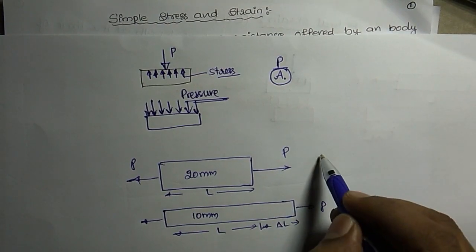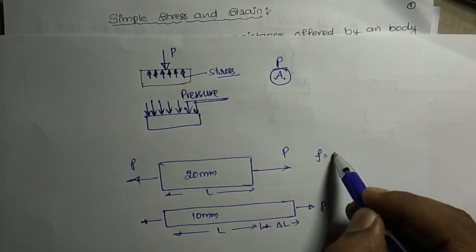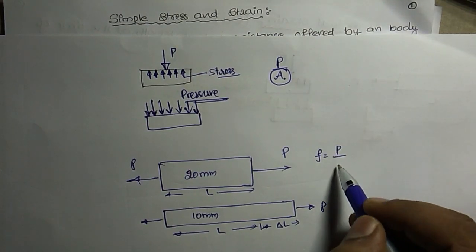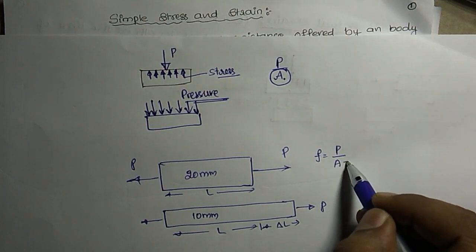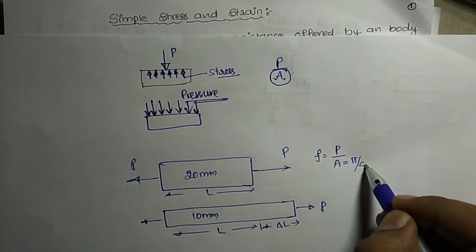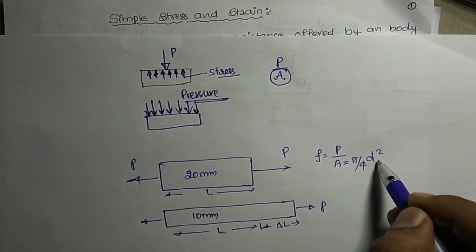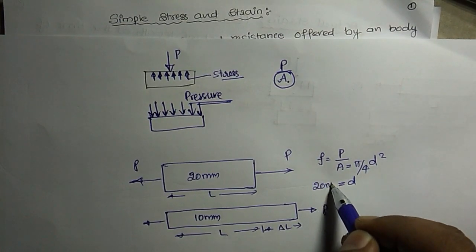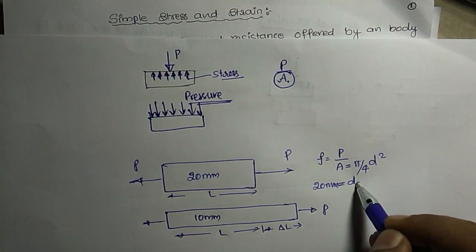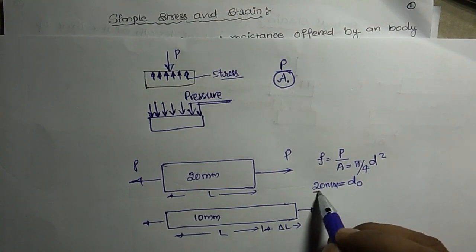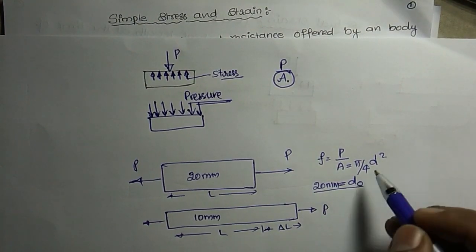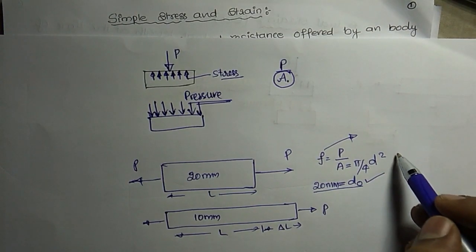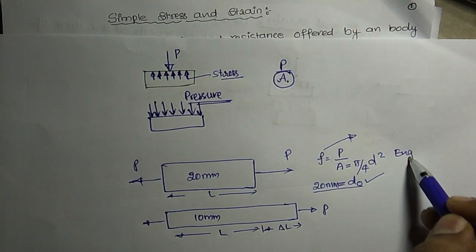So here stress, with force F or P, whatever we call it, is nothing but load by area. If you consider area equal to pi by 4 d square, where d is 20 mm, then this is the initial area, or initial diameter, that you are considering. Hence the stress corresponding to this particular diameter, we call engineering stress.